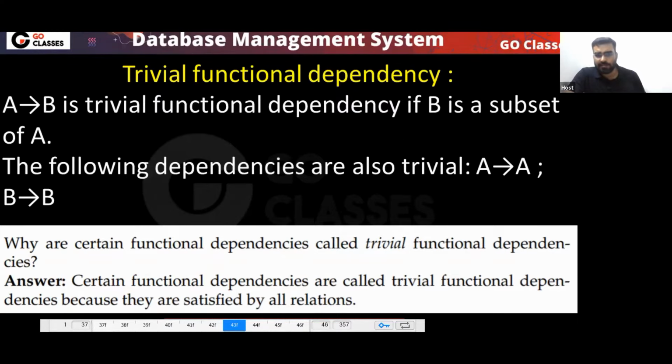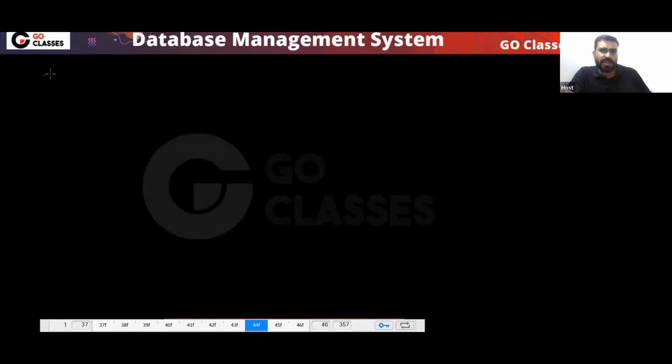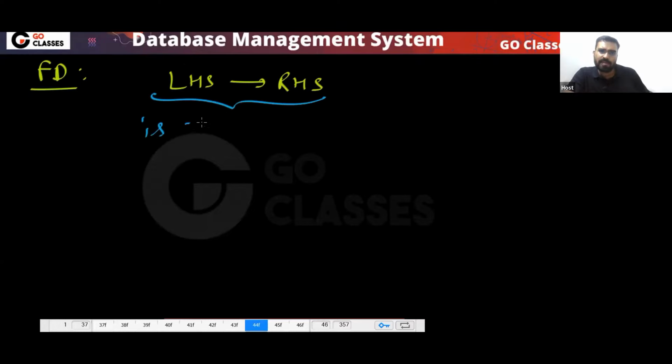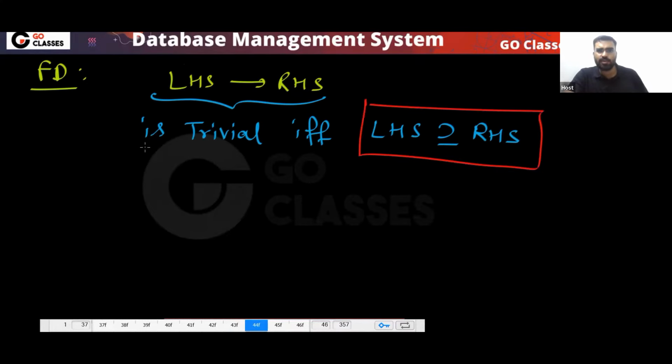If you have a functional dependency with an LHS and an RHS, it is trivial if the LHS is a superset of the RHS. Then we call it trivial because it will hold every time.